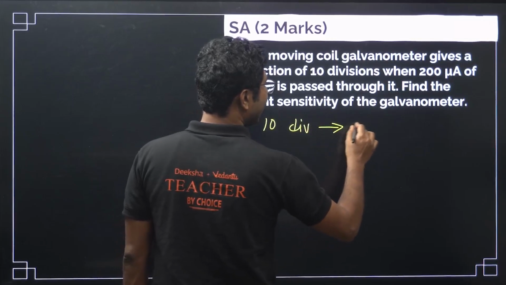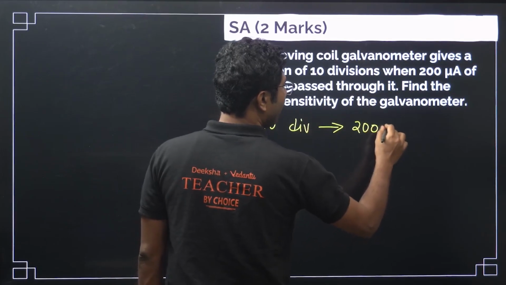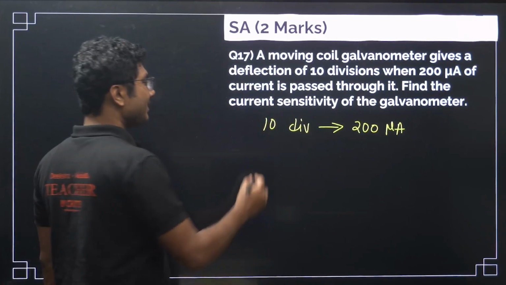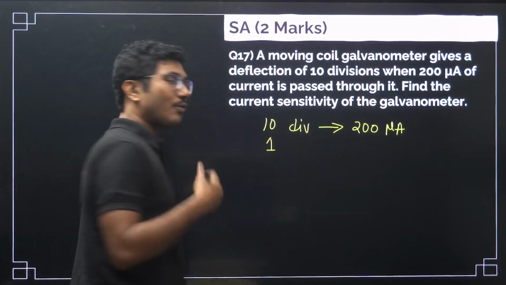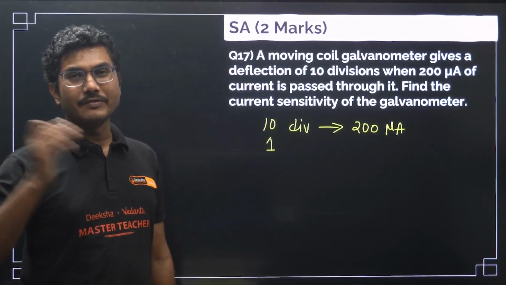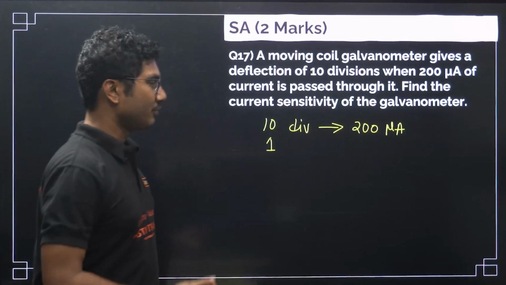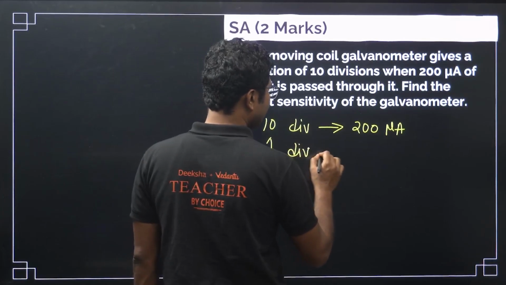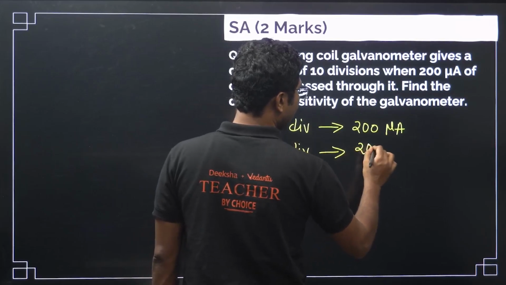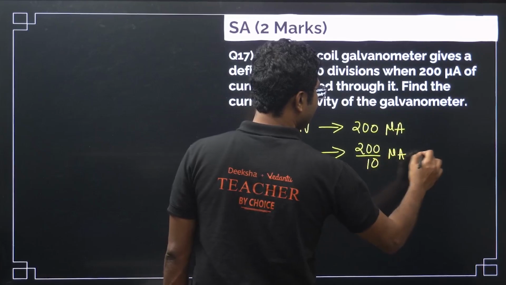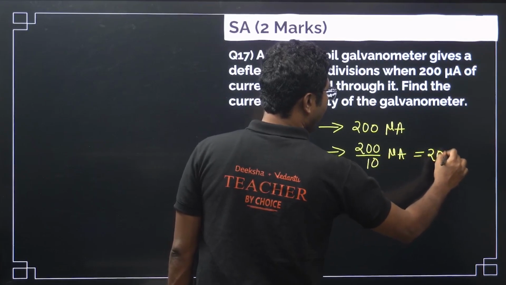and what is the current? Current is 200 microampere. So what does sensitivity mean? Sensitivity means how much current is required for one division of deflection, or how much current can give one division of deflection. That is the basic meaning of sensitivity. So one division means what? This is just a unitary problem, 200 divided by 10 microampere. So 20 microampere.